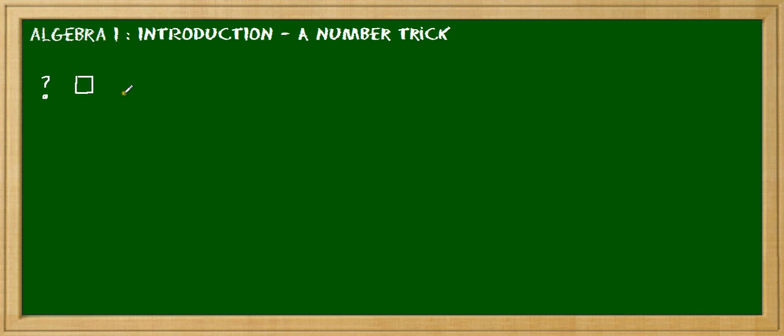Now we will represent numbers we know with sets of circles. So 7 would look like this. We have 1, 2, 3, 4, 5, 6, and we now have 7 circles.